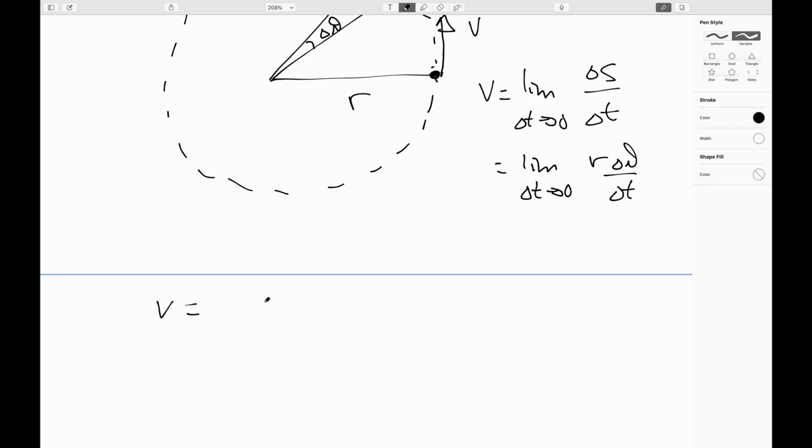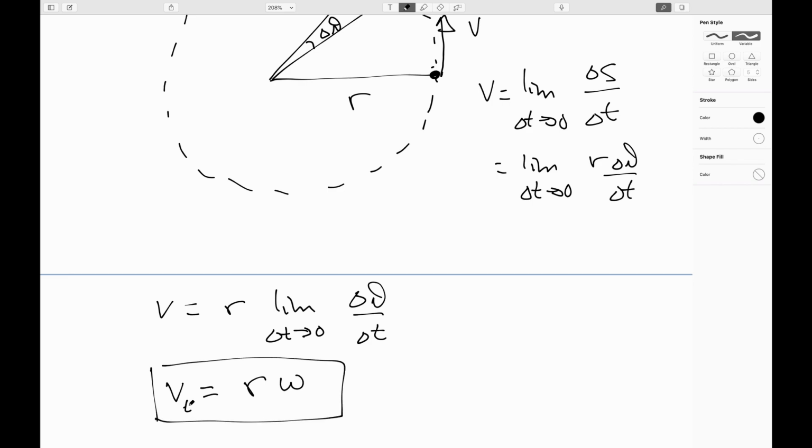So my speed would be equal to the radius times the limit as delta t approaches 0 of the change in angle with respect to time, but we look at that and say, hey, wait a minute, that literally is the definition of angular velocity. So we end up saying that the speed is equal to r omega.